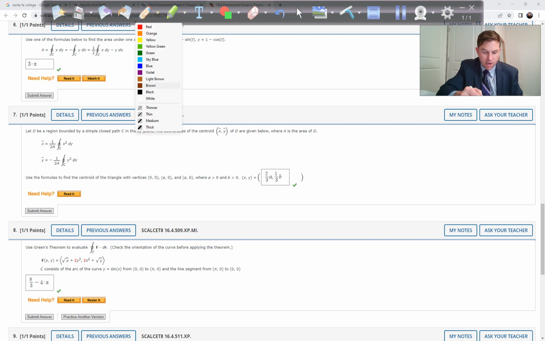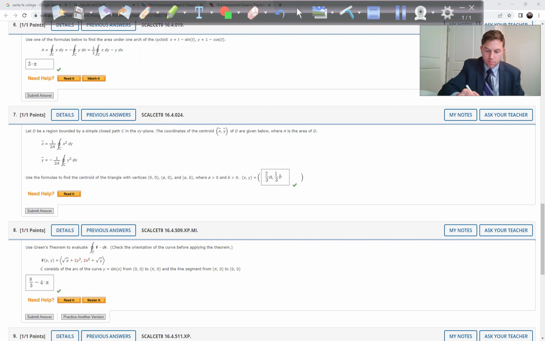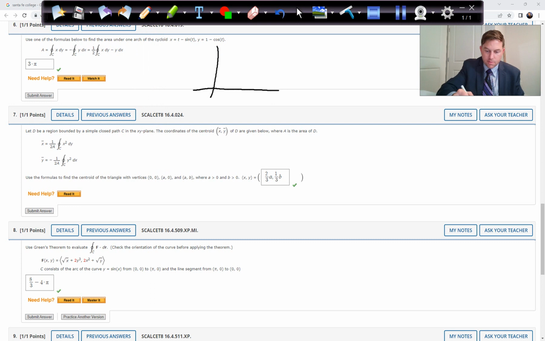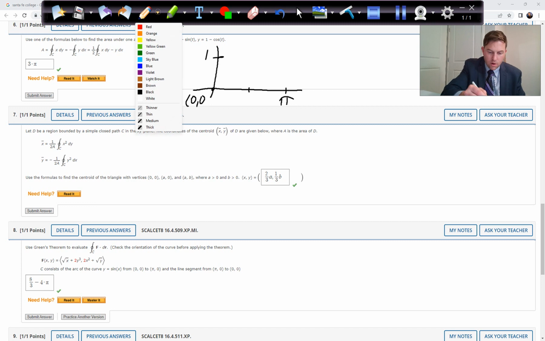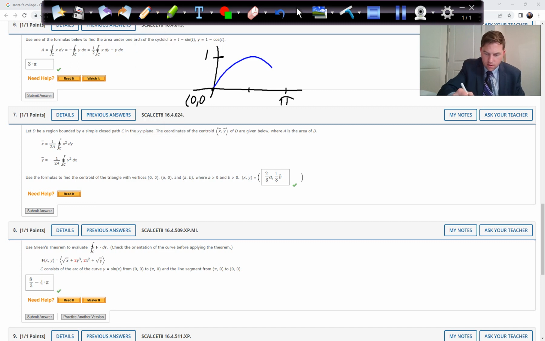This is one that I might ask because it's more in line with the types of problems I would like to look at. So we have a sine curve going from 0 to 0. And they want us to calculate going from the first part of the sine curve. I believe we're going to go up like this, but then we have to get back to the origin, so we're going to go this way. It's going to look like that.